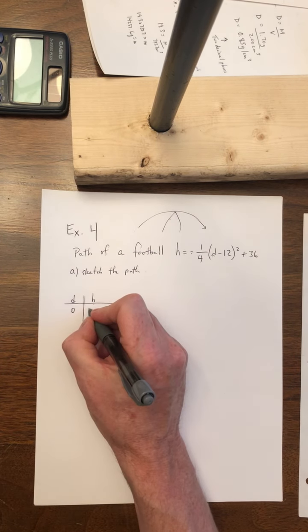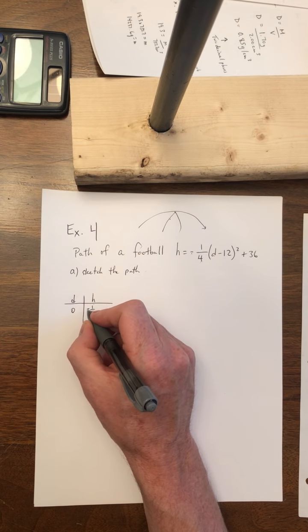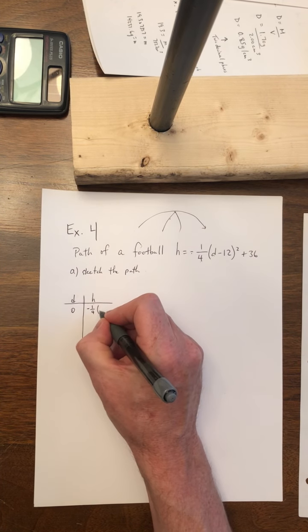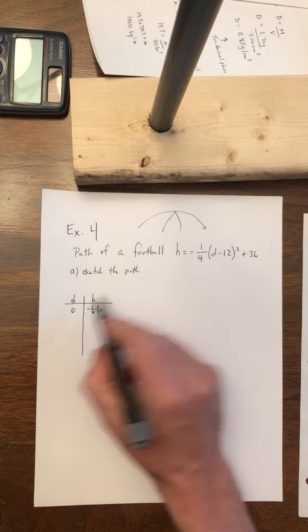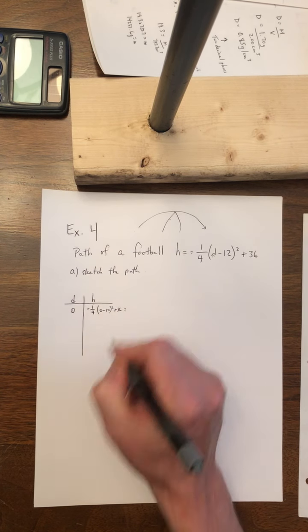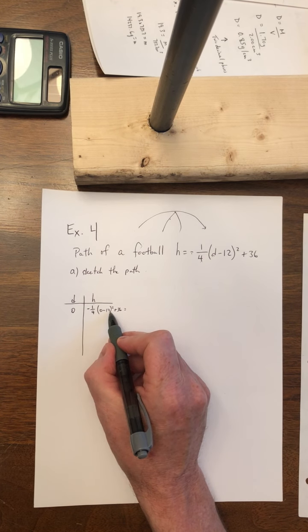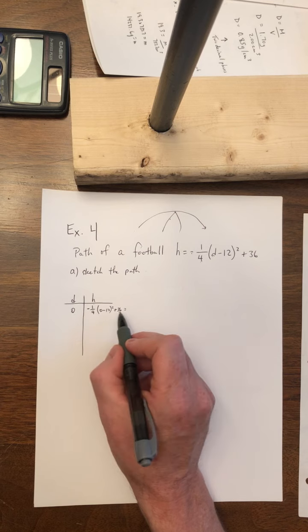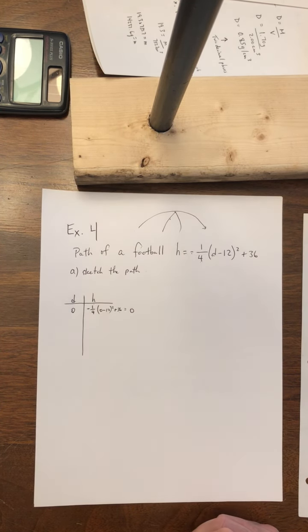We can literally sub that in. Height is equal to that. Our distance is 0, so sub in 0 for the d, minus 12 squared plus 36. You do that, 0 minus 12 is minus 12 squared, multiply it by that, and then add that on, and you're going to get a value of 0.